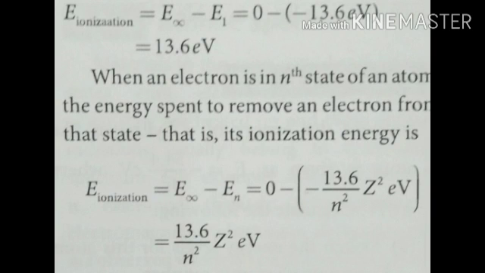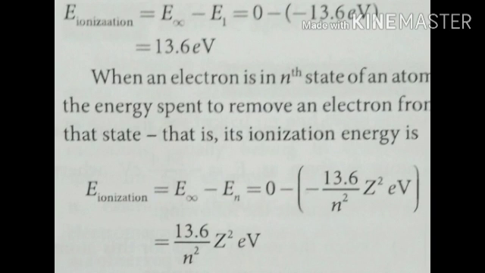So we can find the value: E ionization is equal to E infinity minus E1. In the infinity state, energy will be 0. So 0 minus of minus 13.6 electron volt. So we can write 13.6 electron volt.